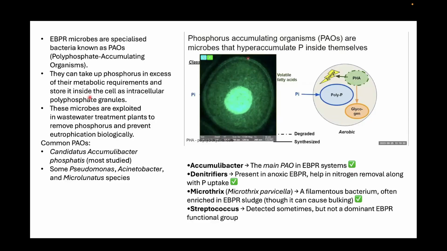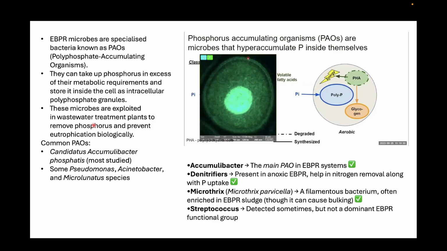These microbes are exploited in wastewater treatment plants to remove phosphorus and prevent eutrophication biologically. Since nitrogen and phosphorus solubilization is an important step which increases the organic load inside the water body, such microbes are mostly exploited.